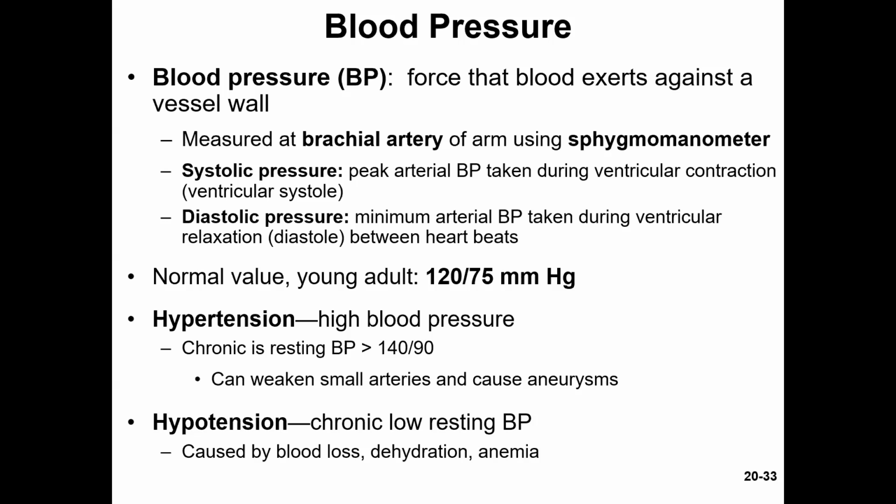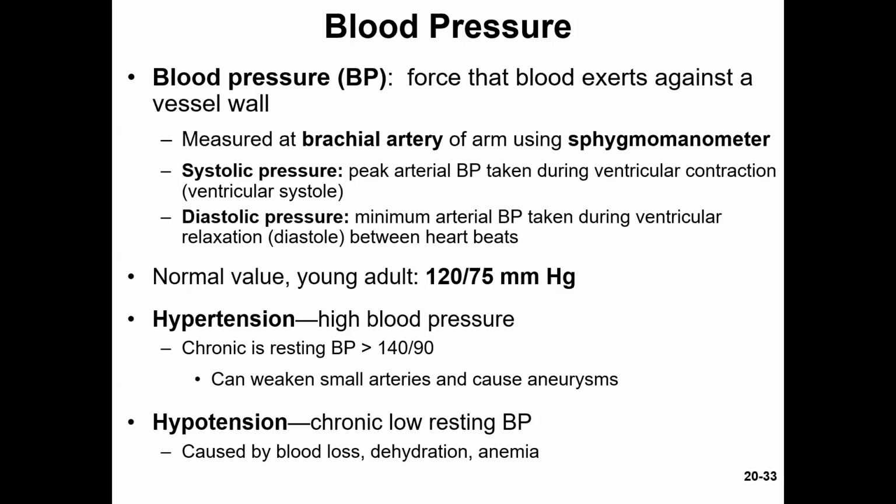So this is labeled ventricular systole, or systole, however you choose to pronounce it. Diastolic pressure is the minimum arterial blood pressure taken during ventricular relaxation, or diastole, between the heartbeats. So systole is contraction and diastole is relaxation.